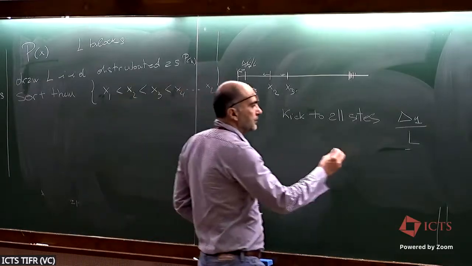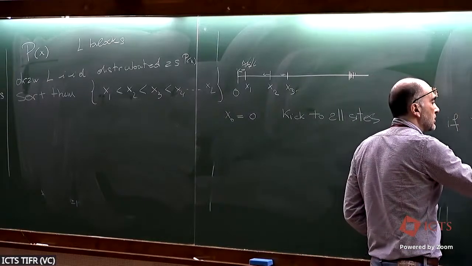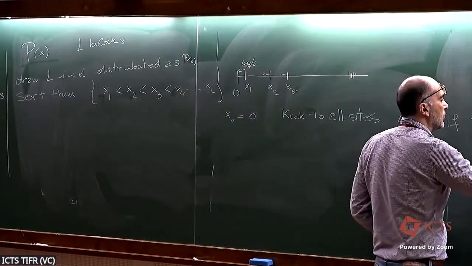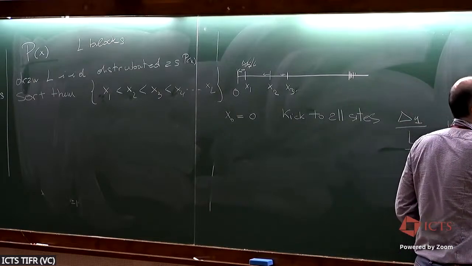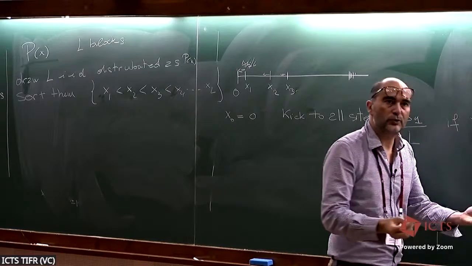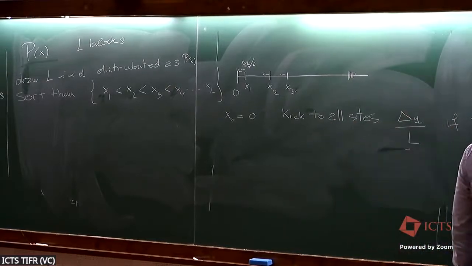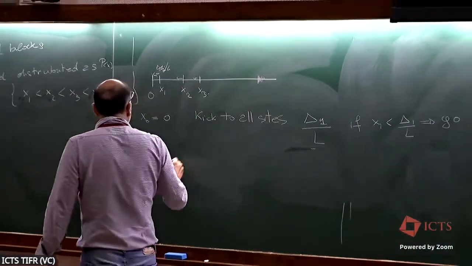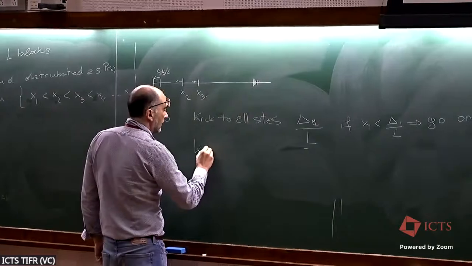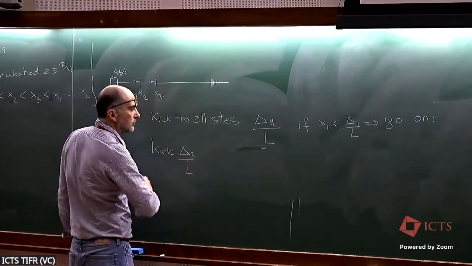If x1 is smaller than delta 1 over L, then go on. You have a new restabilization. So we will have another kick, delta 2 over L, to everybody.